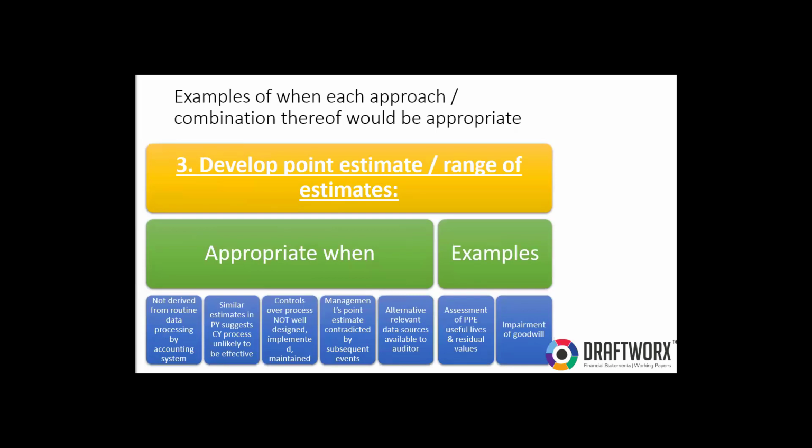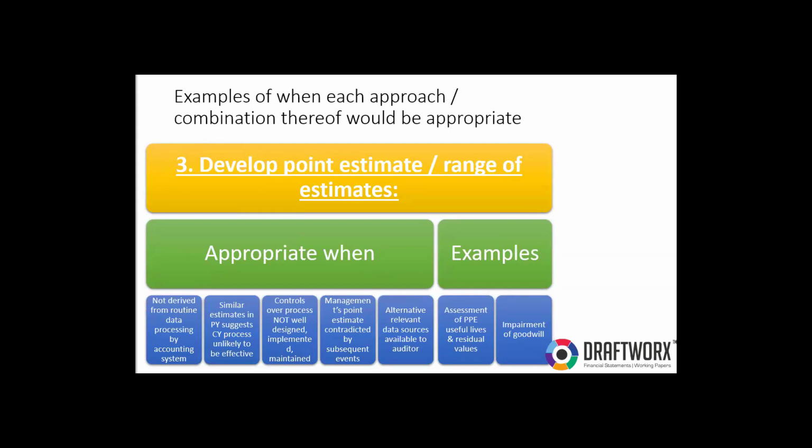When we get to approach number 3, development of point estimates or range of estimates, this is where the estimate is not derived from routine data processing as it was with approach number 2. Okay, so similar estimates in the prior year suggest that the current year process is not necessarily likely going to be effective.